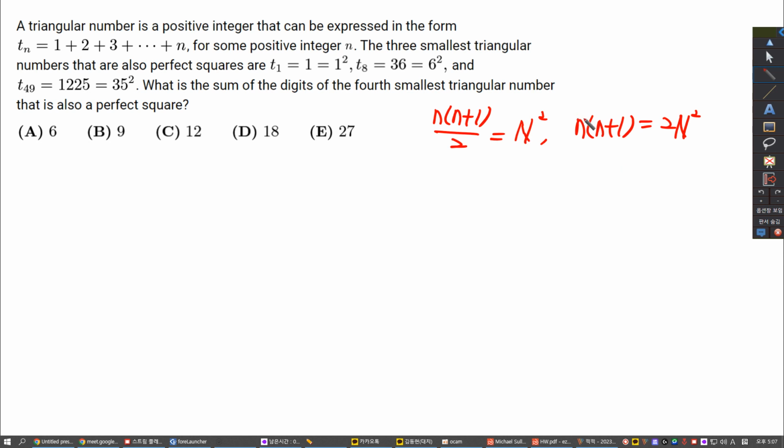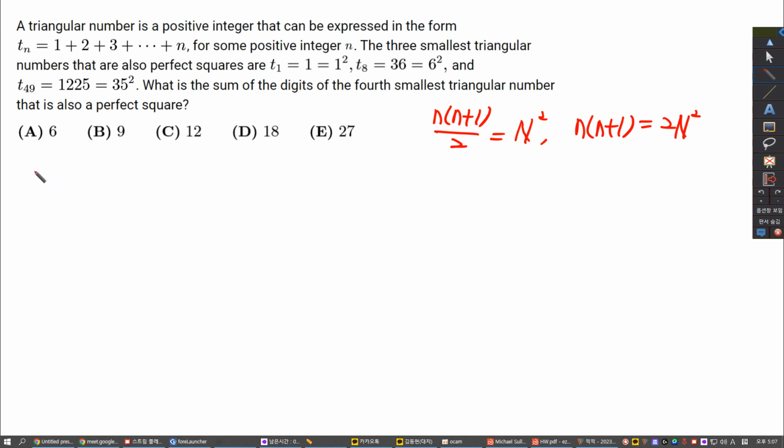Because n and n plus 1 are relatively prime, because one is even and the other is odd, they cannot have the same common factor.